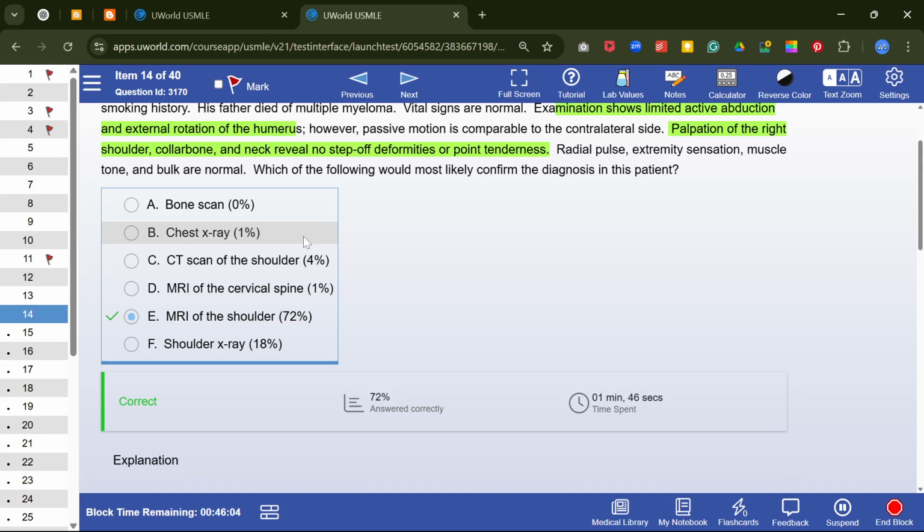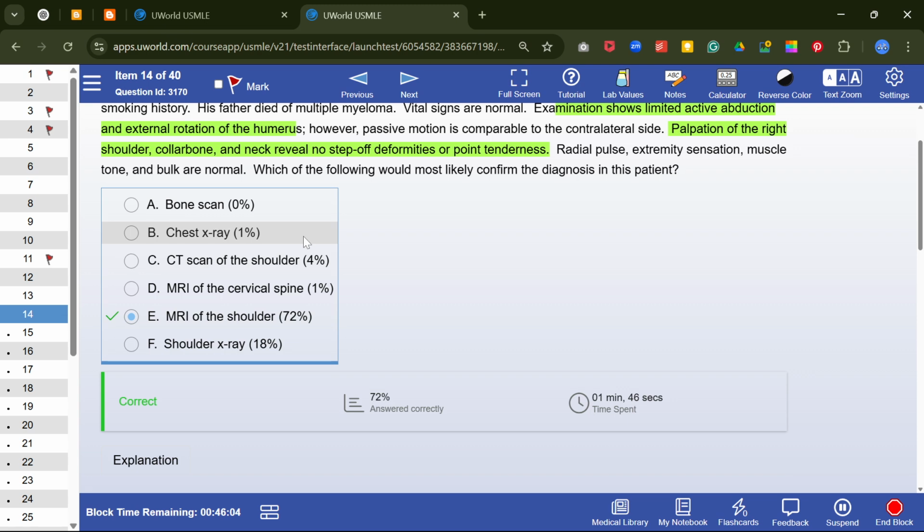What is your diagnosis? Limited abduction and external rotation. There are two differentials.